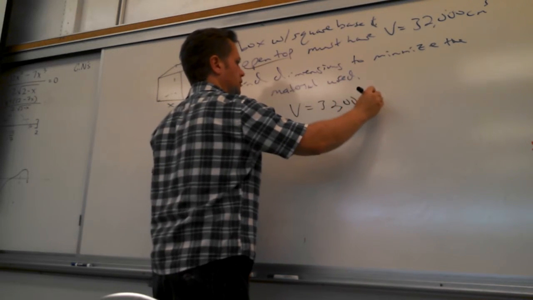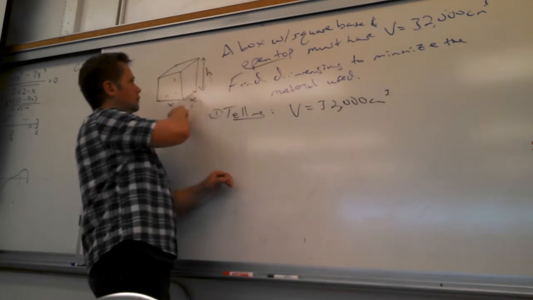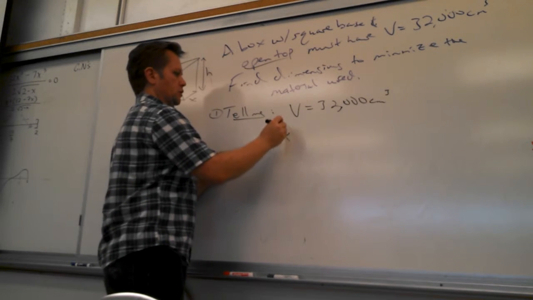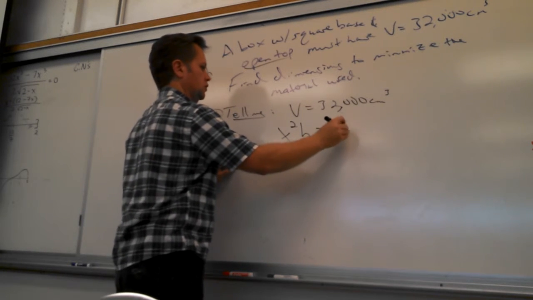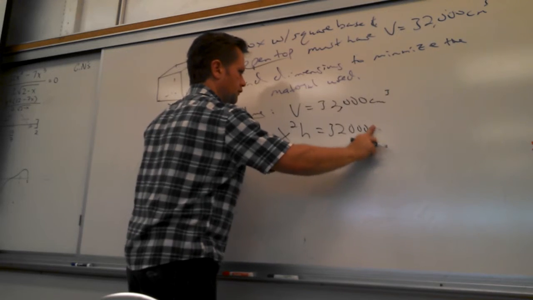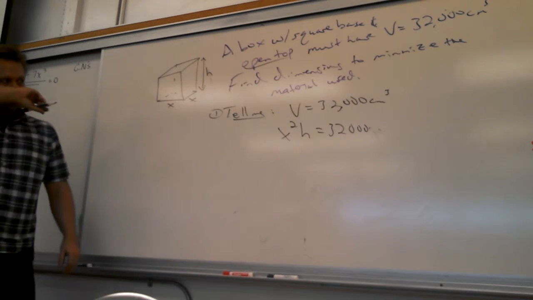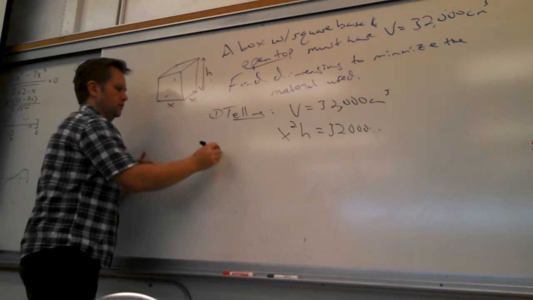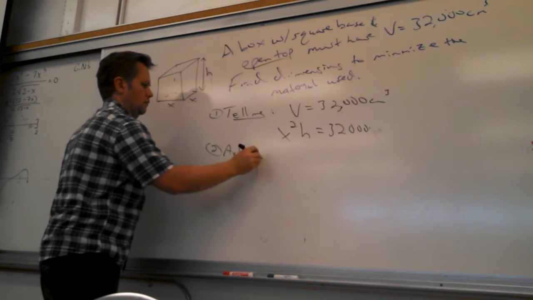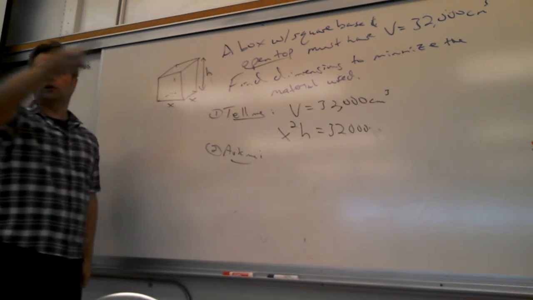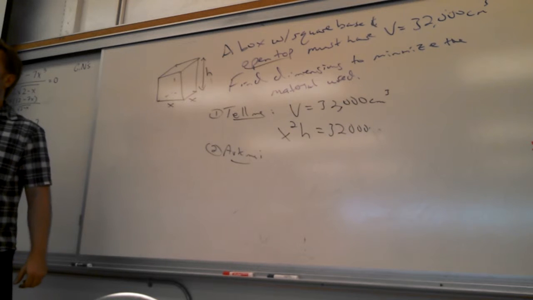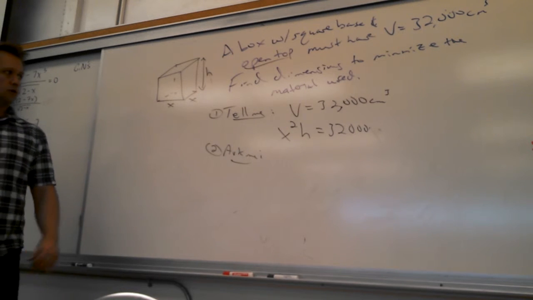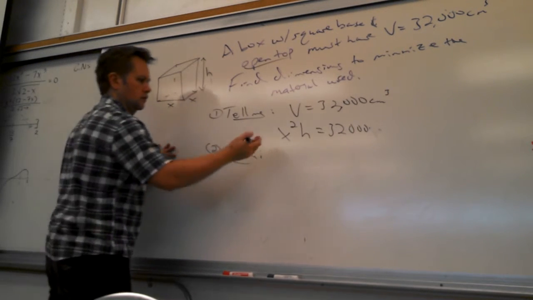What's the formula for the volume of this thing? The volume is x squared h, so x squared h equals 32,000. They ask me to find the dimensions and minimize the material, which we had to interpret to mean surface area has to be minimized. So what's the surface area of this?